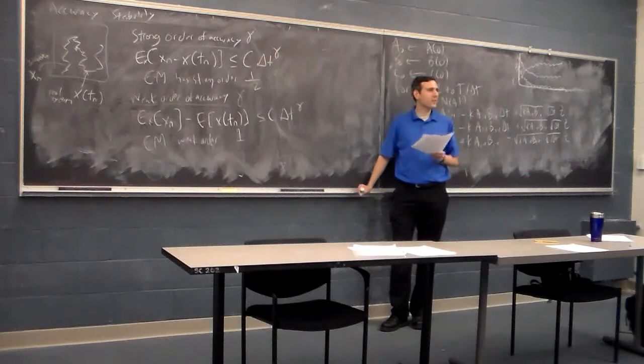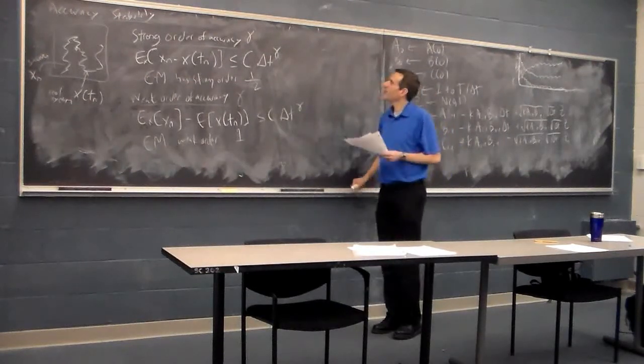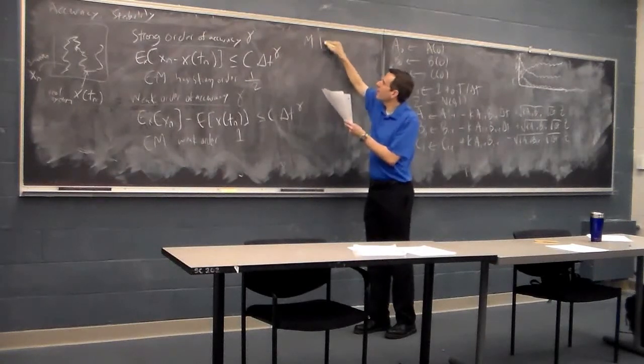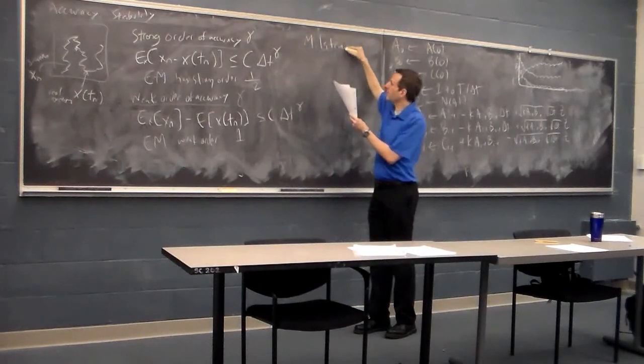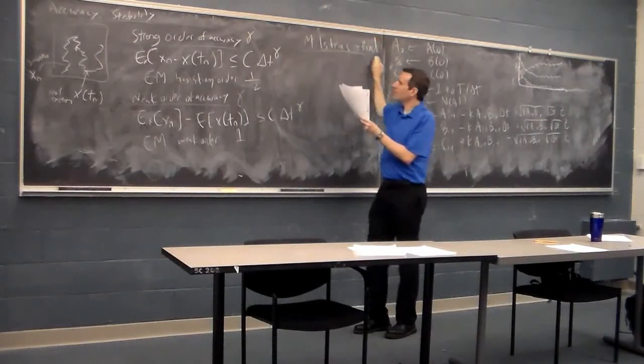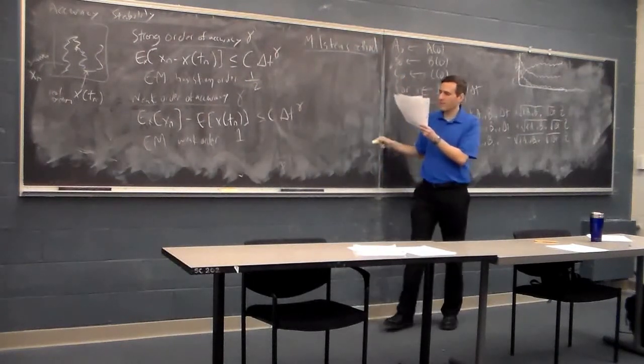There are methods that give you better accuracy than this. One example, just to show what a higher order method would look like, is what's called Milstein's method. And Milstein's method looks like the following.